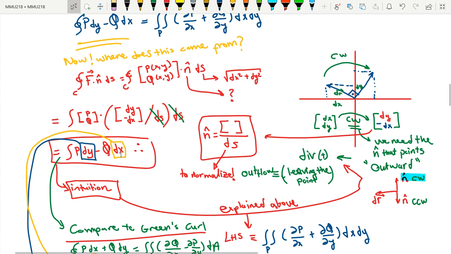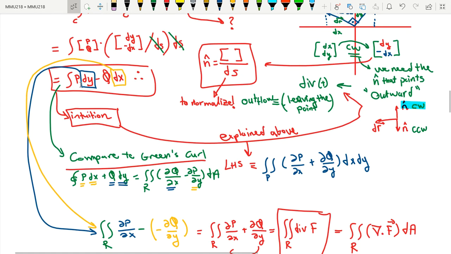This is something similar to what I had derived in the curl form. I need to compare it with the curl form. Let's do that. And let's pick up this dy.